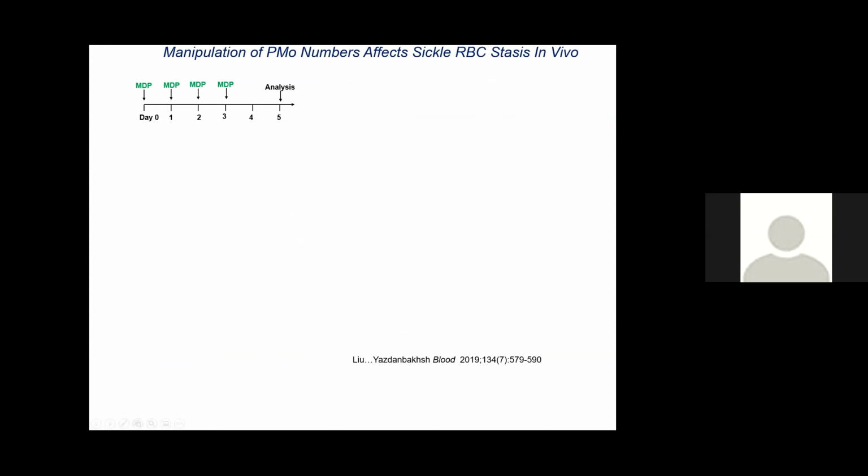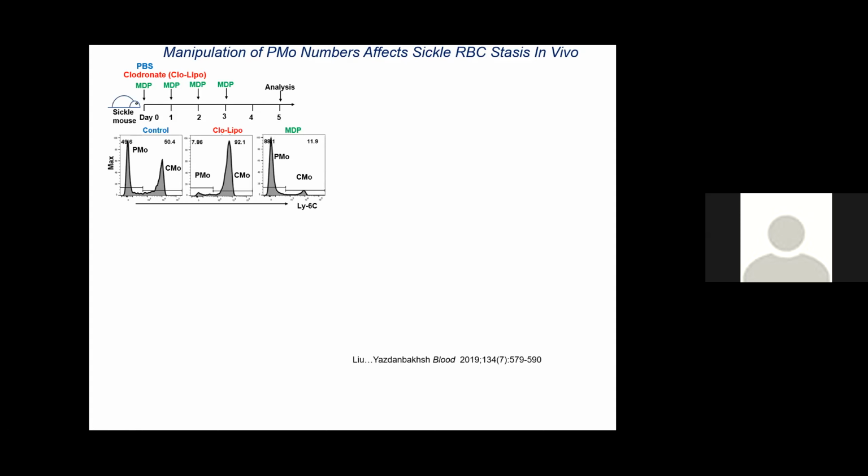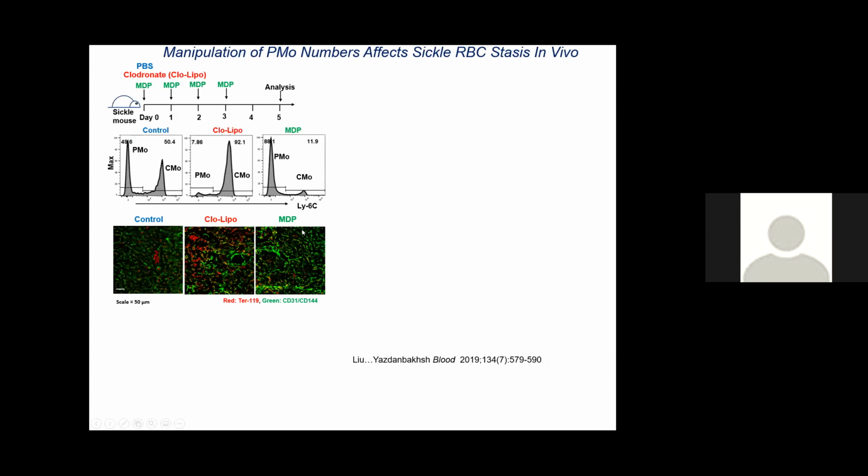We came across this drug, MDP, which it had been shown increases their numbers when injected into mice. We also knew that low-dose clodronate specifically gets rid of the patrolling monocytes, not macrophages or anything like that. So we increased or decreased the amount of patrolling monocytes. These are liver sections.